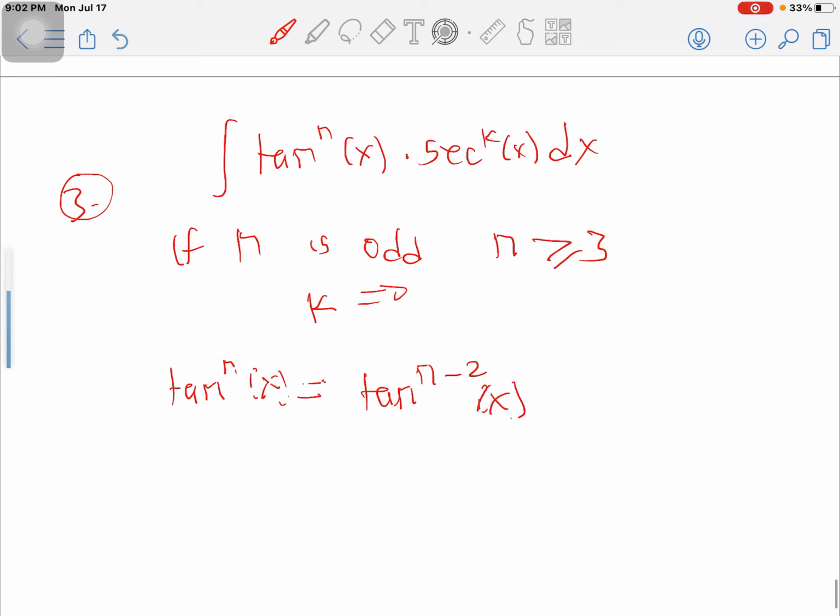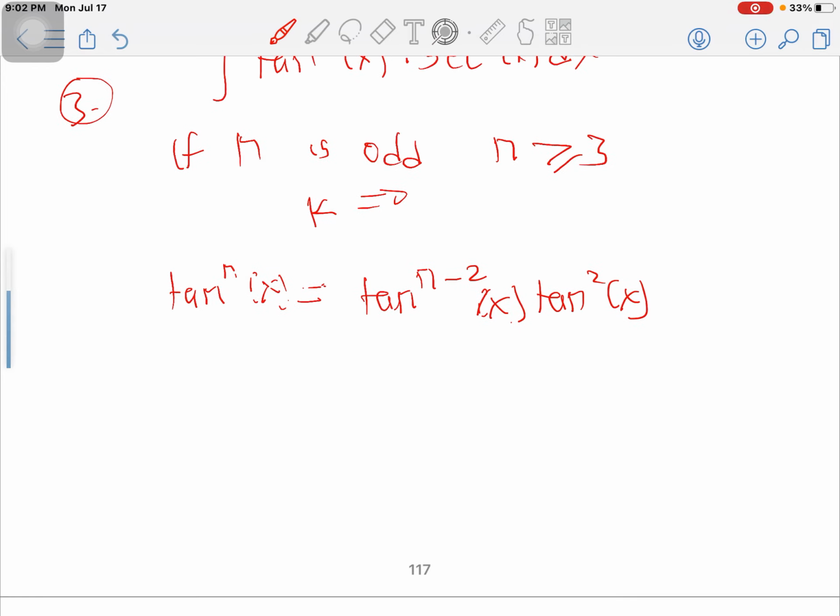you can rewrite everything as tan to the power n of x equal to tan to the power n minus 2 of x, similar to the first condition, multiplied by tan square of x, which is equivalent to tan to the power n minus 2 of x multiplied by sec square of x minus 1, which is in the brackets.